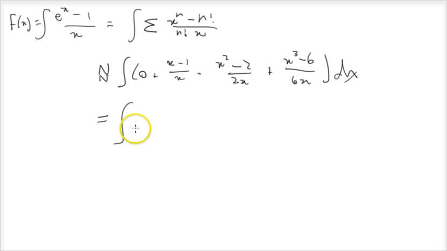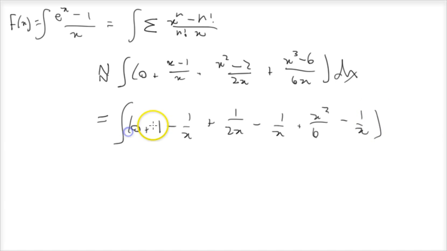We can do this basically just by doing some algebra on each of these fractions. So we're going to get 0 plus 1 minus 1 over x plus 1 over 2x minus 1 over x plus x squared over 6 minus 1 over x, dx. So we do see a pattern. There's a minus 1 over x after every single term.